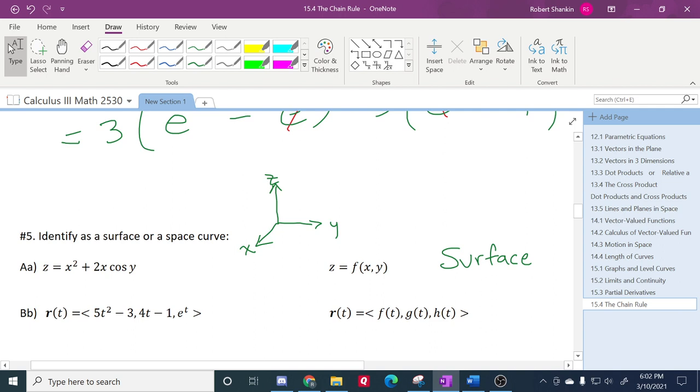Is that a surface or a space curve? Here's a specific case, here's the general case. 15 seconds more. This is a space curve.